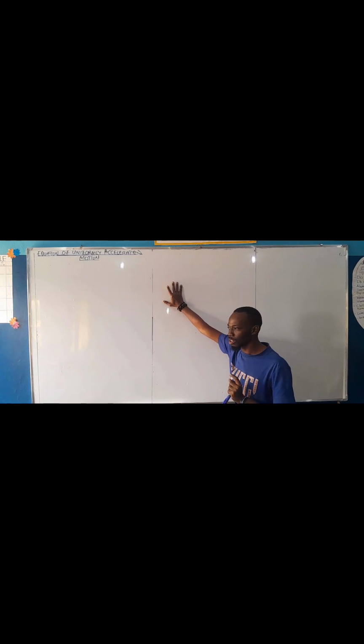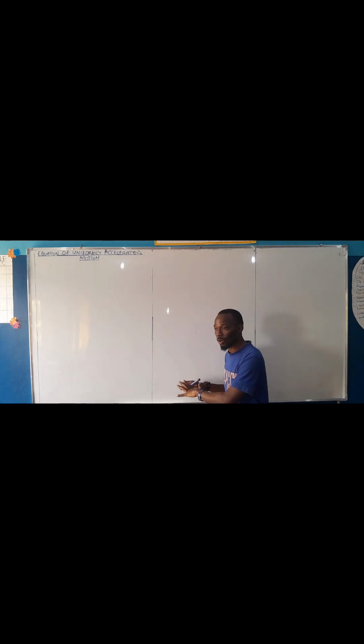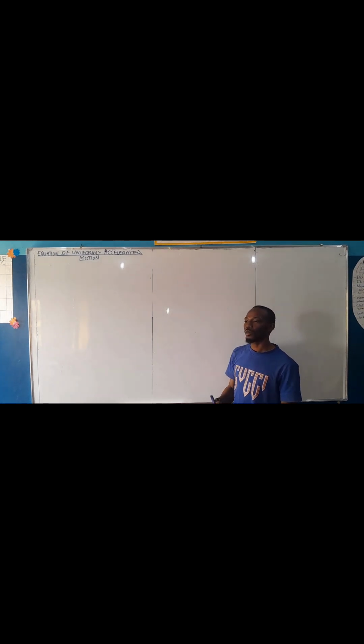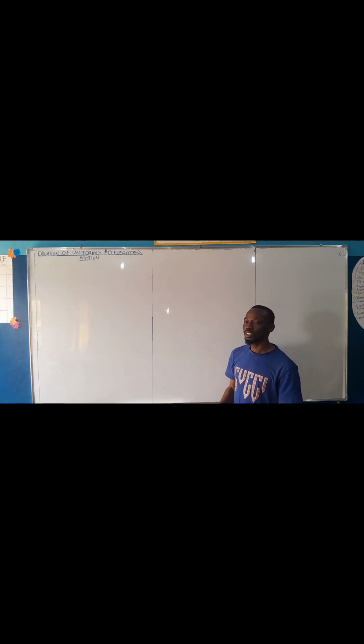Accelerated motion. Most times when we get to the classroom, we find they've written those three laws for us, and it's for us to memorize them and keep them upstairs. Every average student studying physics knows these formulas. So I won't only be writing down the formulas.